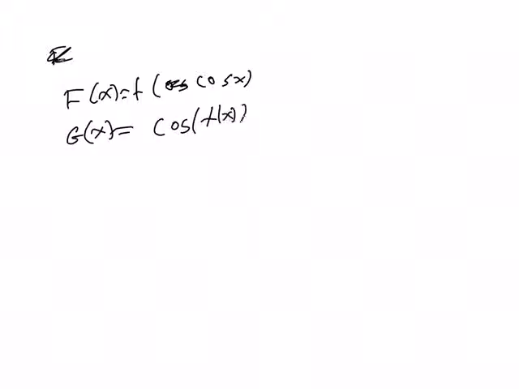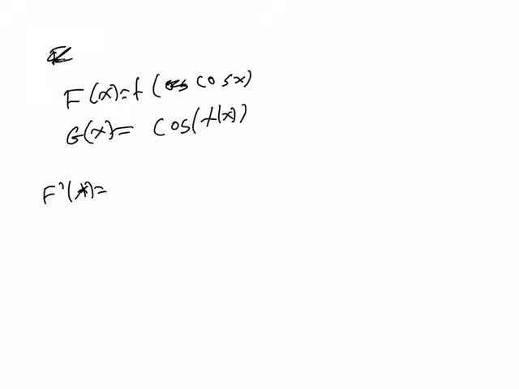Suppose f is differentiable in R, and we say big F of x is equal to little f of cosine x, and big G of x is equal to cosine f of x. So now we want to find F prime of x.